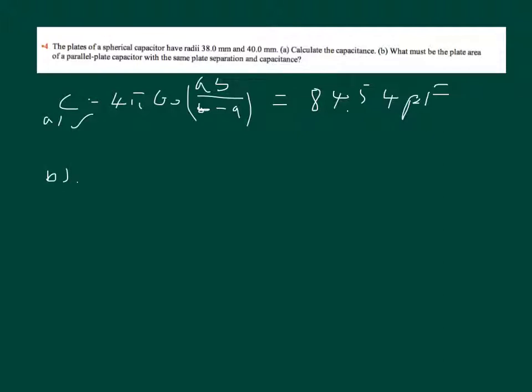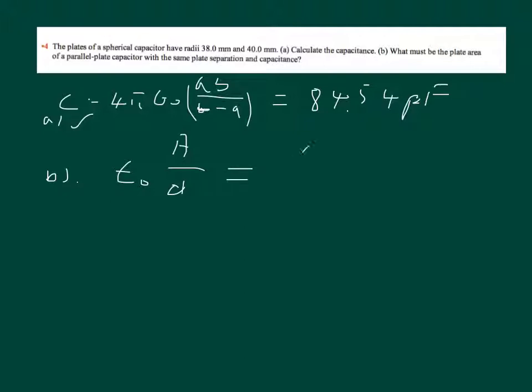The second part is actually even easier if you know how to do it. So we have epsilon naught times A over D. That's the capacitance for a parallel plate capacitor.